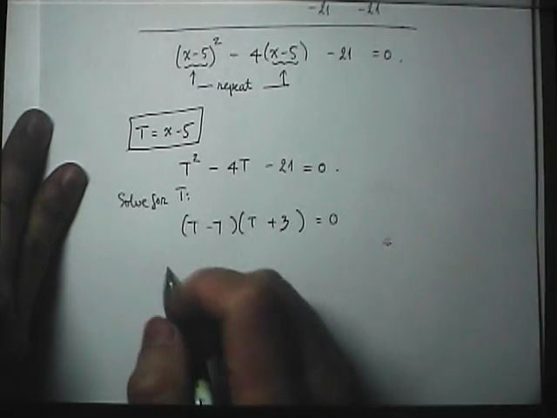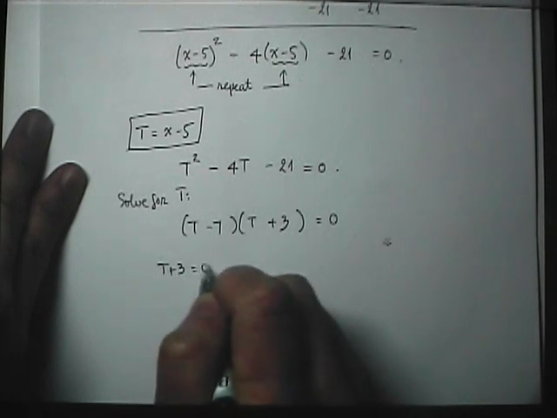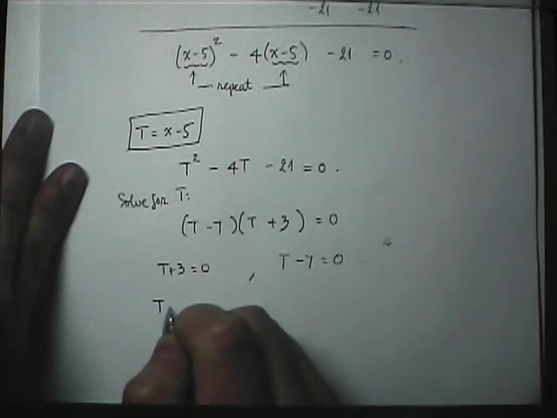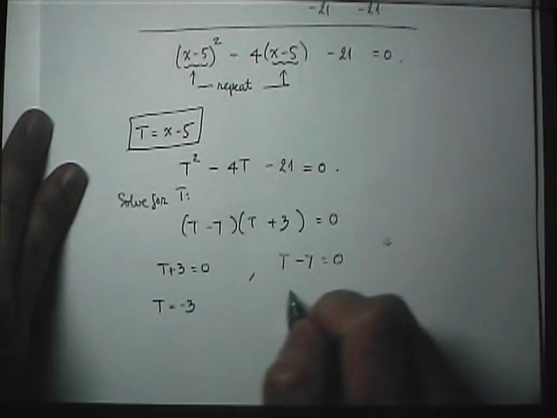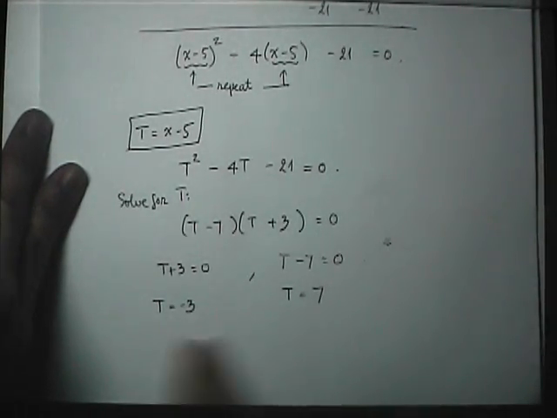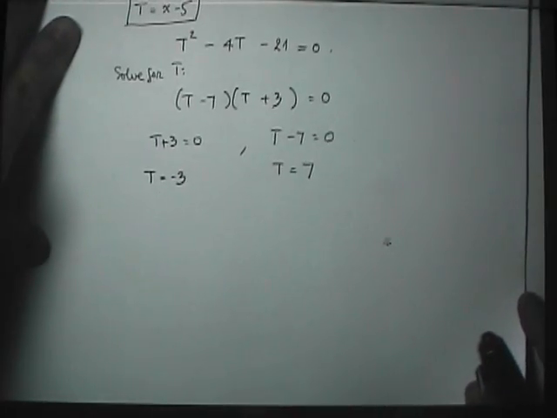So I found t plus 3 equals 0 and t minus 7 equals 0. That means one t value is t equals negative 3, and the other is t equals 7. But keep in mind, the answer for t is not our final answer we're looking for. The answer for x is what we're looking for.